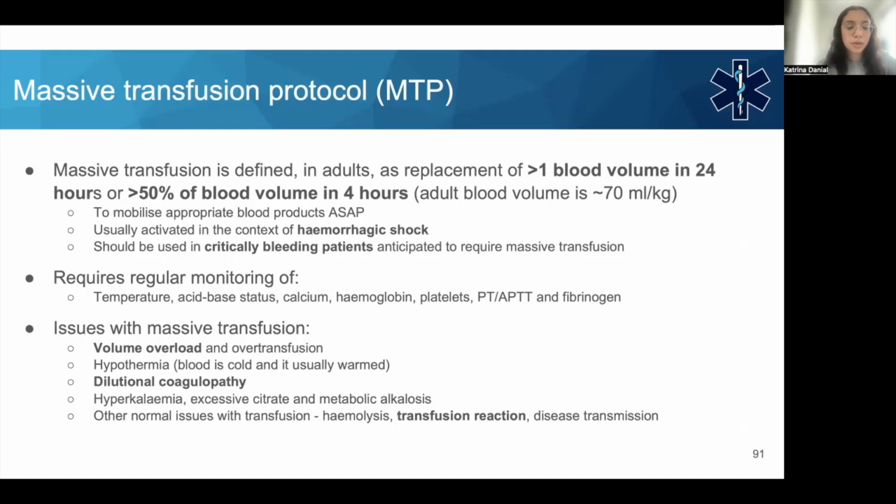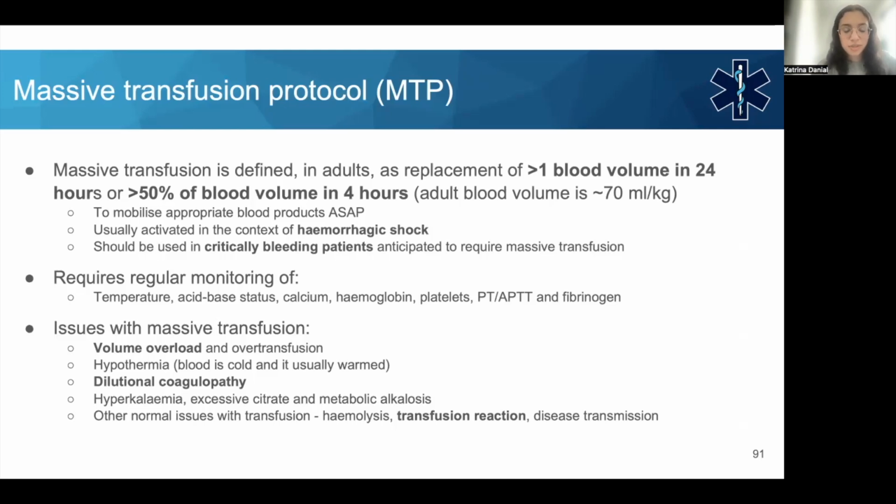And there's also this thing called dilutional coagulopathy. What that means is we've given so much fluid that we've essentially diluted their blood, and it might look like they have lower platelets or lower clotting factors, etc., than normal. Okay. And there's also, of course, the risk of all the different transfusion reactions.